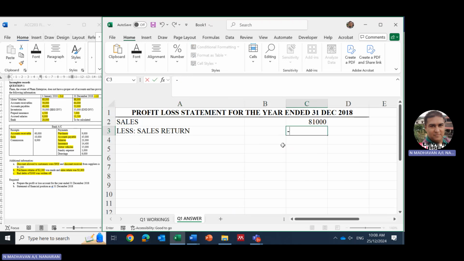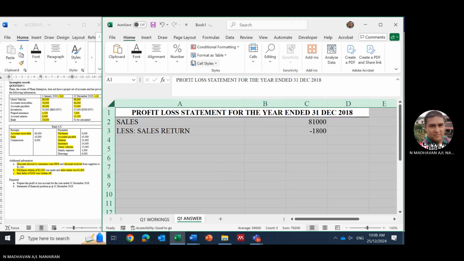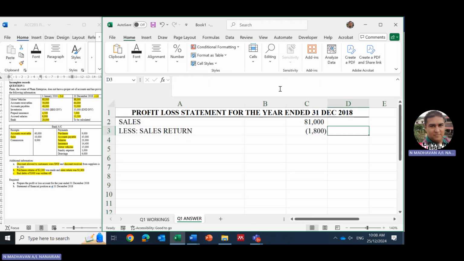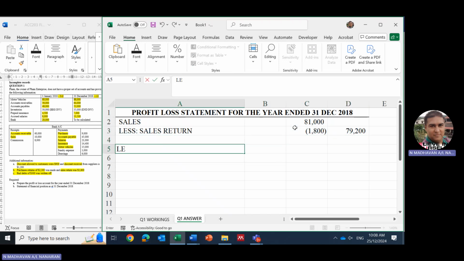How much is sales return? 1,800, correct? So you get your net sales of 10.